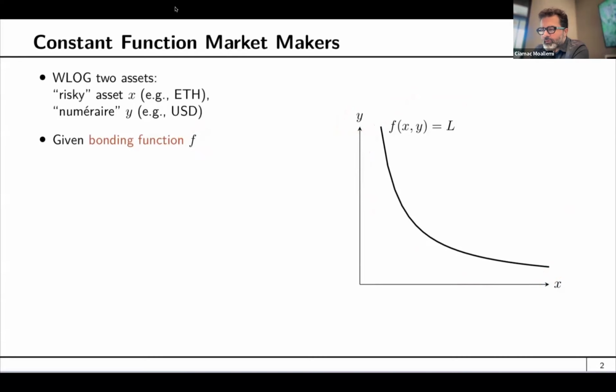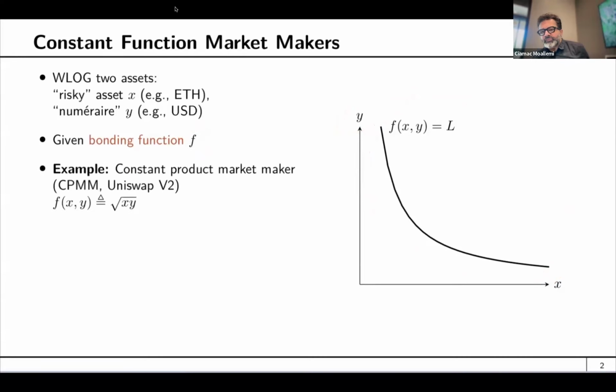So if you want a mental model, a nice running example, and maybe the earliest and most famous case, it is the case where F of X, Y is a product, or equivalently a geometric mean. This is sometimes called the constant product market maker.